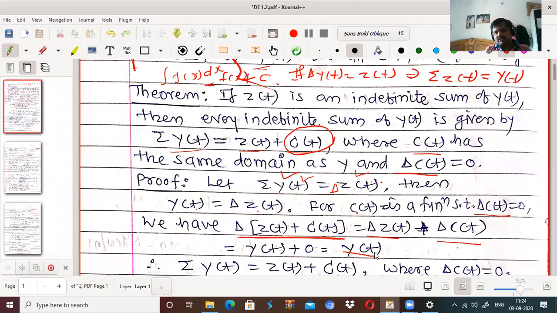Henceforth, if we know an indefinite summation of some function, we can write its indefinite summation as that solution plus c of t, where delta of c of t equal to 0.